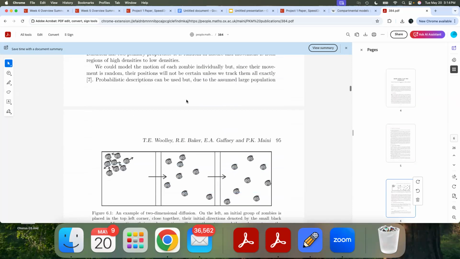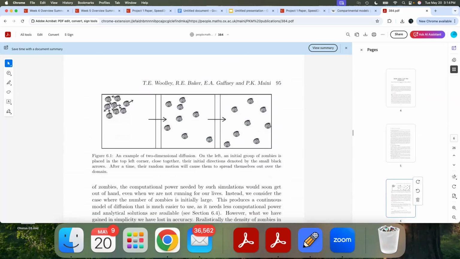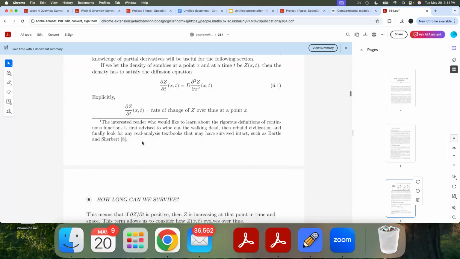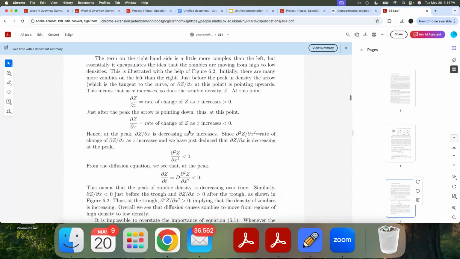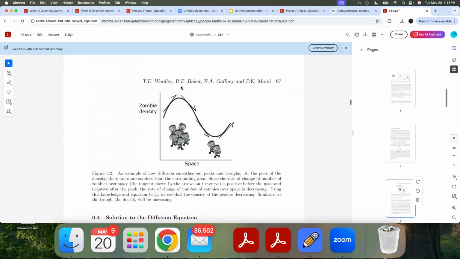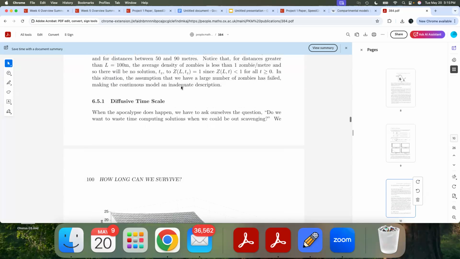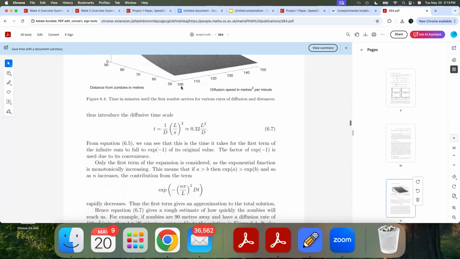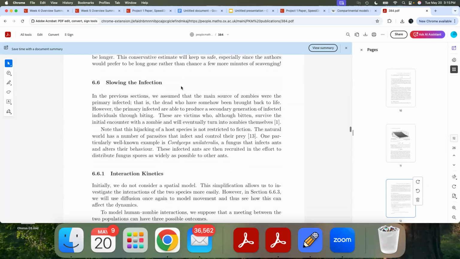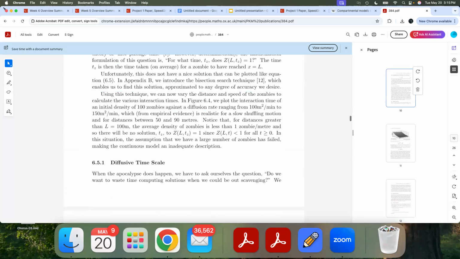Hey, here's a way people are modeling zombies: all the zombies start in one place and they spread out, like if you put a drop of food coloring in water and it diffuses throughout the water. It's a diffusion model, and this is called the diffusion equation. So you could basically reproduce the information from this paper. Of course, you wouldn't want to go into all the really deep detail, just a broad overview of what's in this paper.